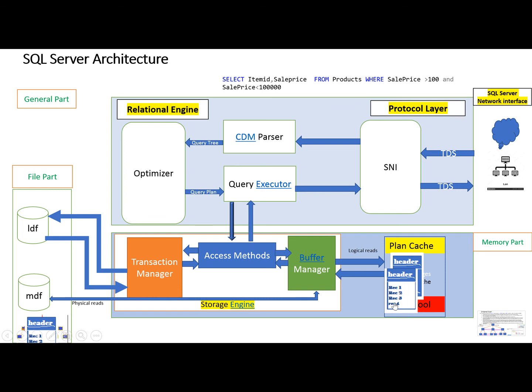When all the records from this page are finished, it will go to the header of this page and check what the next page ID is. If that page is already in memory, fine; if it is not there, it will ask the storage engine to read this page from the disk.